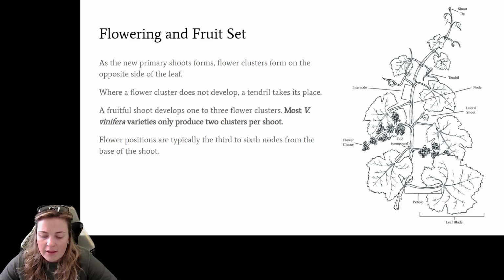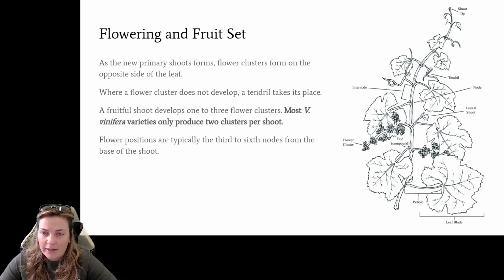We have the petiole, right, which is the stem of the leaf blade. As we go up this new shoot, we can see that we have a cluster here of what will be flower inflorescence. And then right directly across from it, we have a leaf, and then we have a bud as well. This will be left over after the harvest season, right?